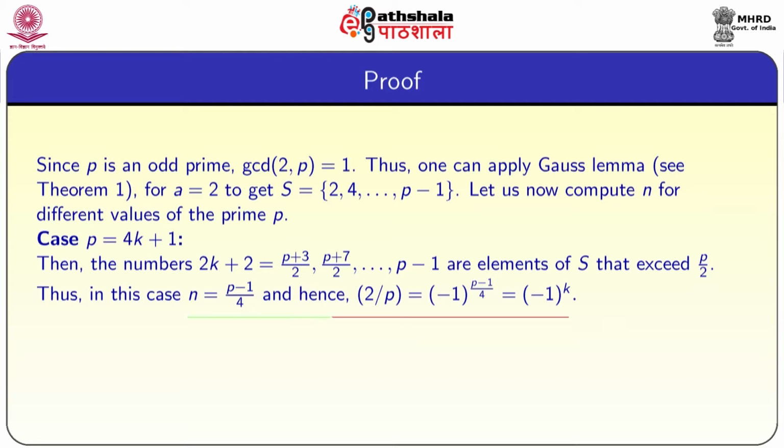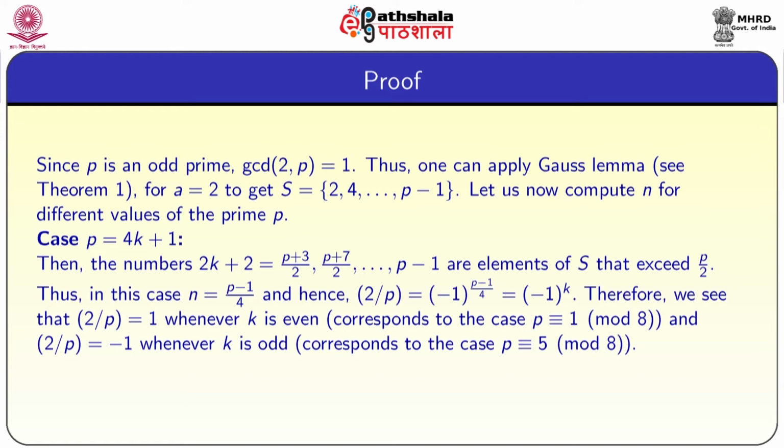Hence, the Legendre symbol (2/p) is equal to (minus 1) whole power (p minus 1)/4, which is equal to (minus 1) whole power k. Therefore, (2/p) is 1 whenever k is even, that corresponds to p congruent to 1 mod 8, and (2/p) is equal to minus 1 whenever k is odd, that corresponds to p congruent to 5 mod 8.